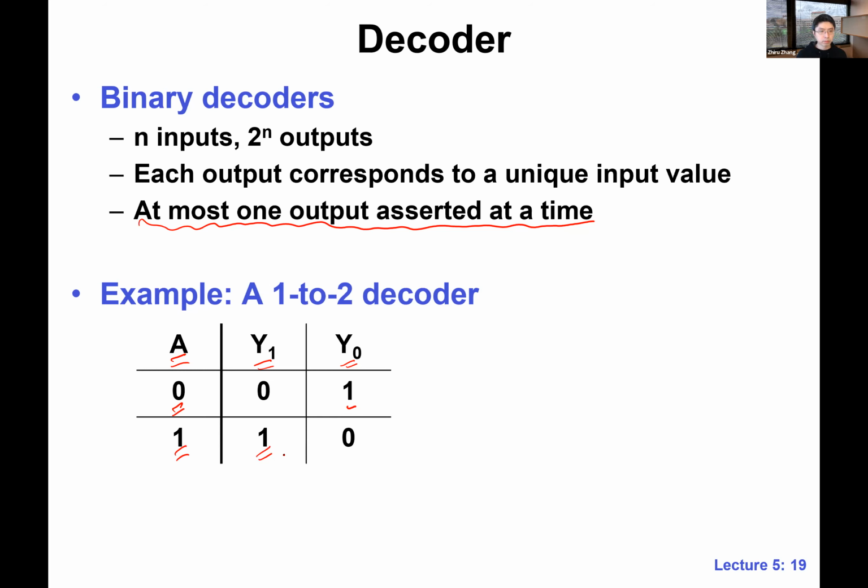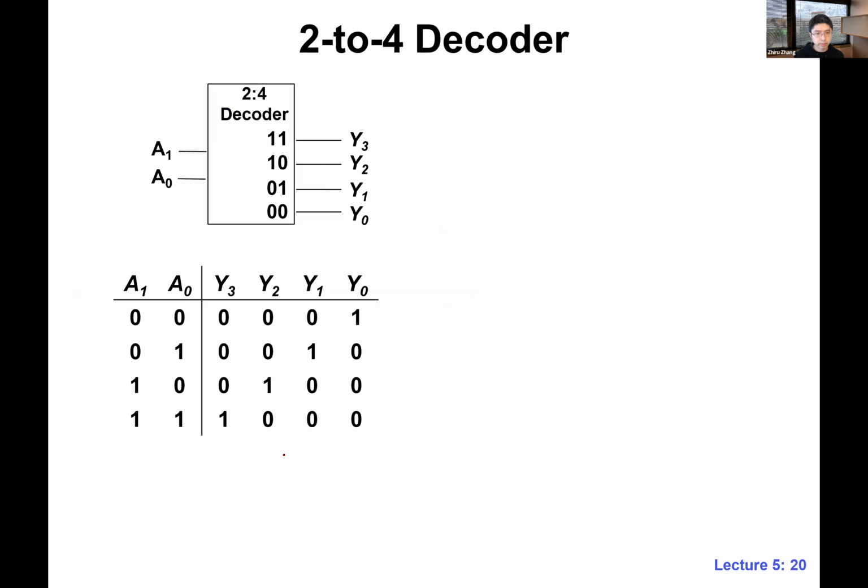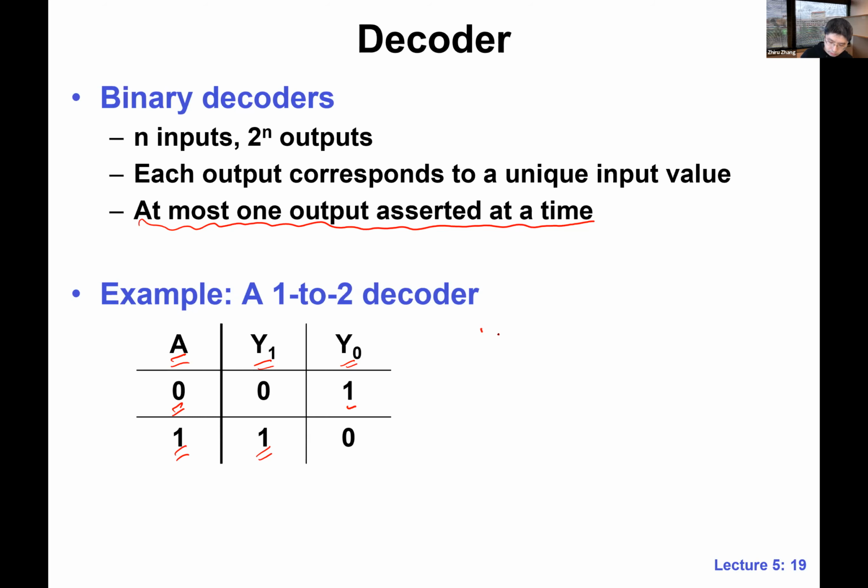That's it. So what is Y1 in terms of the Boolean expression? It's very simple. In this case, just A, and Y0 is A complement. It's very straightforward. Let me just write it down for you.